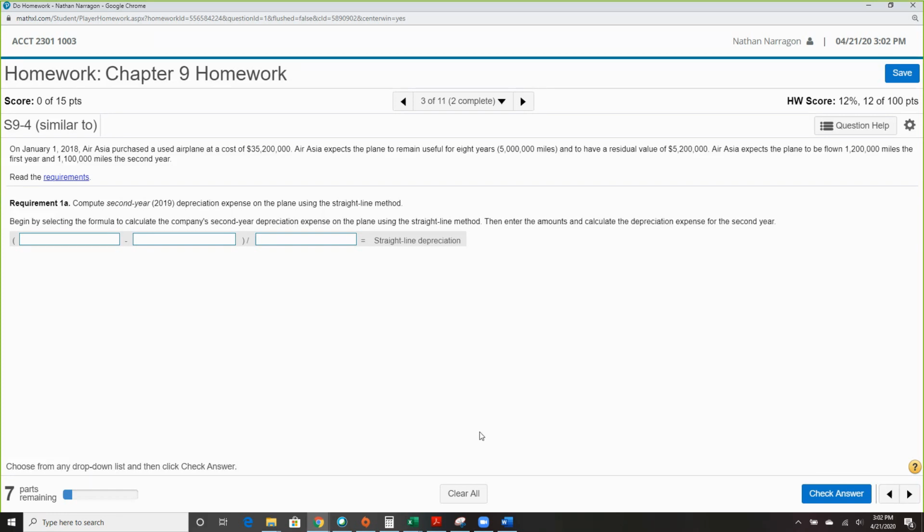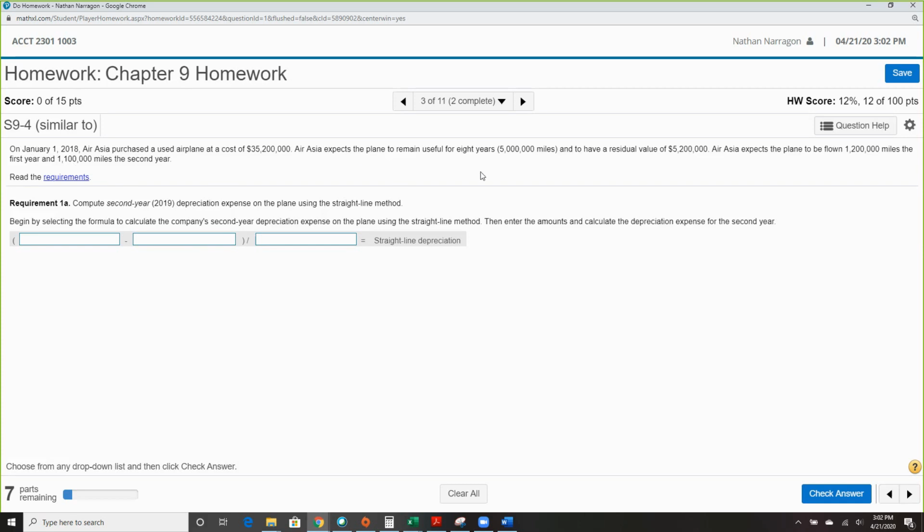This has 7 parts. Oh, fun. Alright. On January 1st, 2018, we have AirAsia. They purchased a used airplane at the cost of $35,200,000, which seems about right.